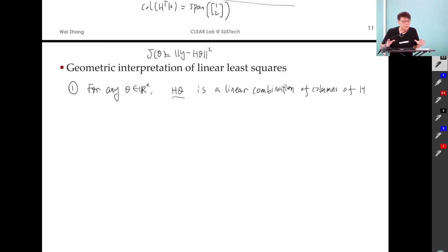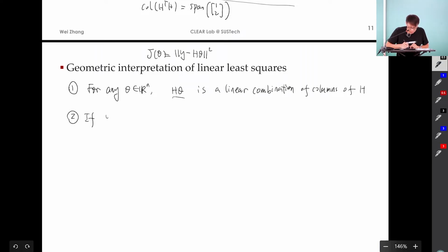We want to find theta so that H times theta stays as close as possible to y. Think about it in the space. Y lies in Rm space, and H times theta is also in the Rm space, and we want to make sure these two vectors are as close as possible.